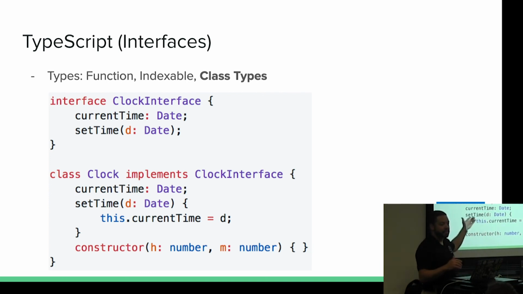But this class Clock implements ClockInterface. So that's telling this class that you have to have these things or you will be incorrect. So then you define the currentTime as a Date, and you define the actual function setTime(d) with d as Date, and it sets the current time to what you pass it.